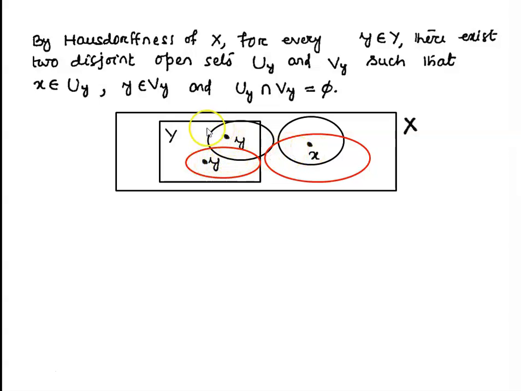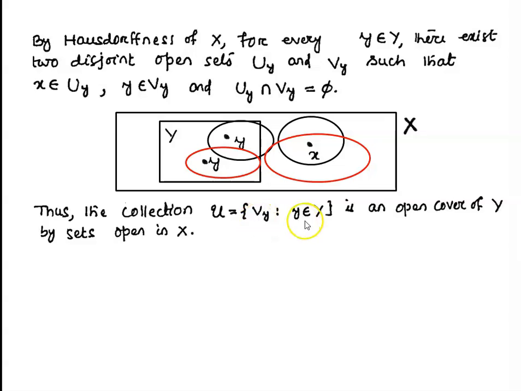So if we vary this y all over Y, then we'll get Vy's containing that y. Let us collect all such open sets Vy's.